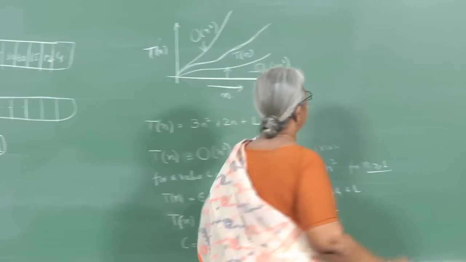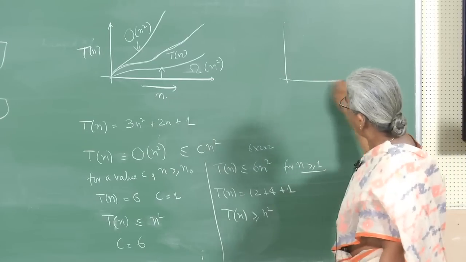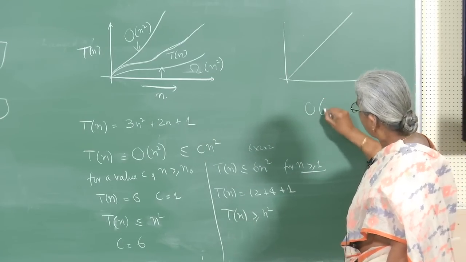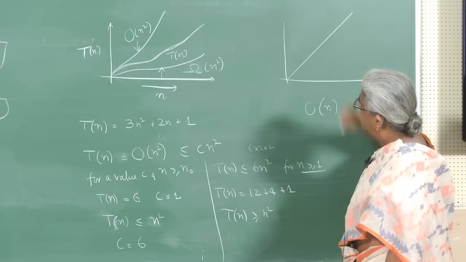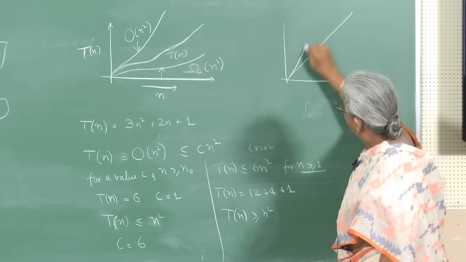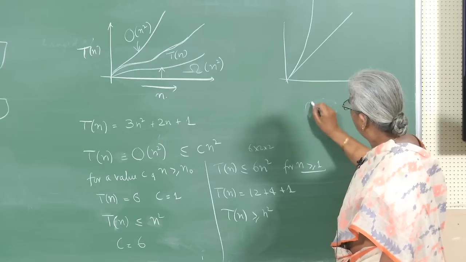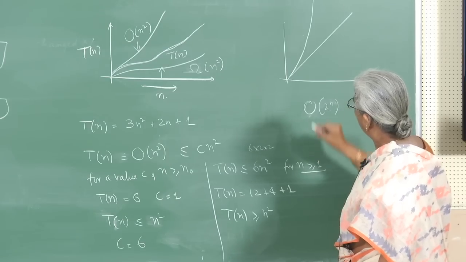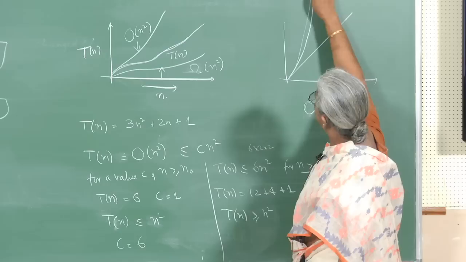There are certain things that you must worry about. You must remember that when I look at big O of n, what is the meaning of it? It is a straight line. When I look at big O of n squared, it is like this. Okay. Suppose I say big O of 2 to the power of n, then what is going to happen? It is going to go even more steeply.